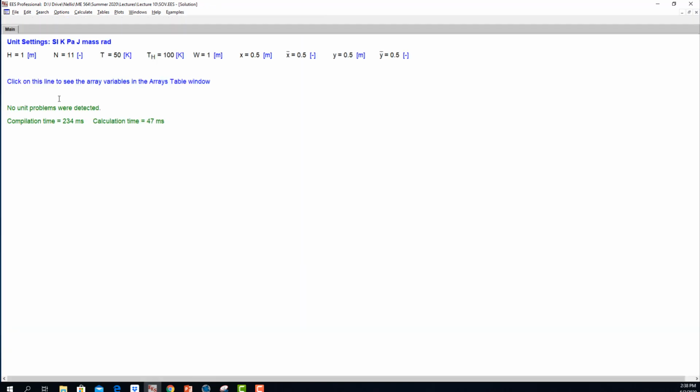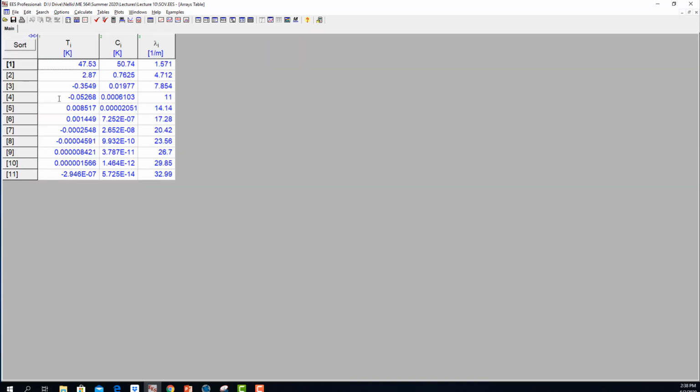And if I solve, what you should see is that the series is converging. In other words, the first term in the solution is pretty big, and the second term is much smaller, and the third term and the fourth term and so on. And so the error that you get by stopping at the fifth term, for example, will be no bigger than the magnitude of the fifth term, right?